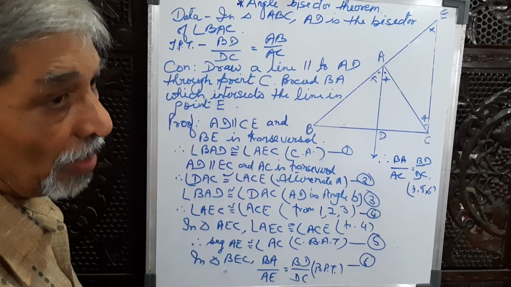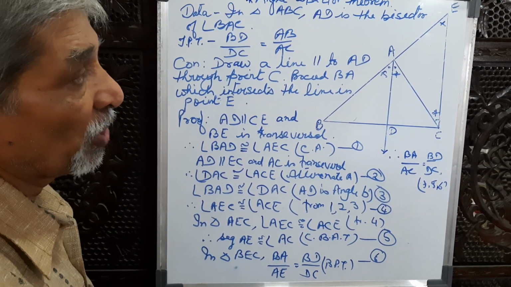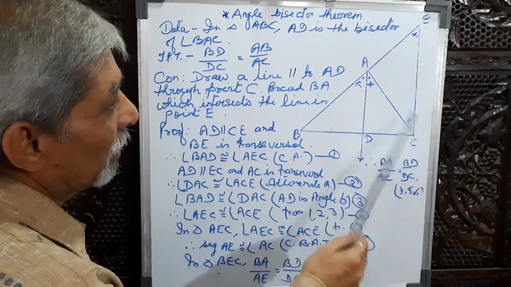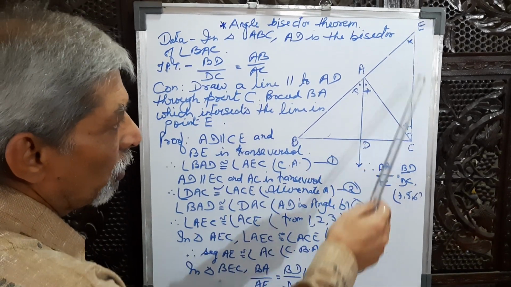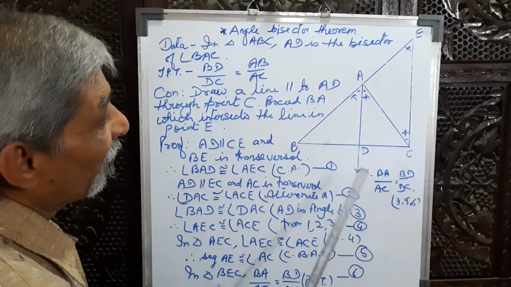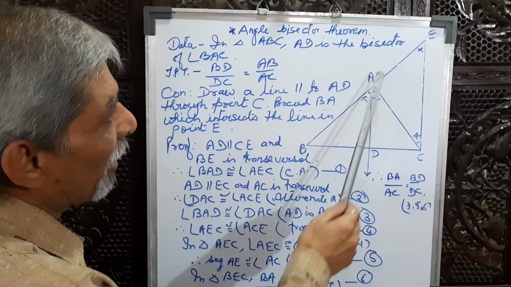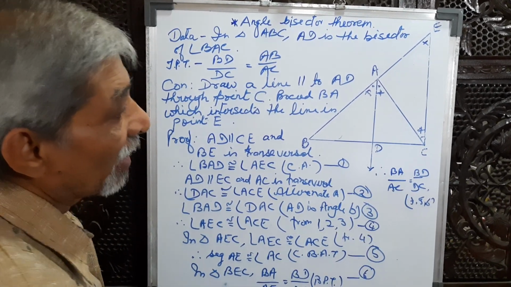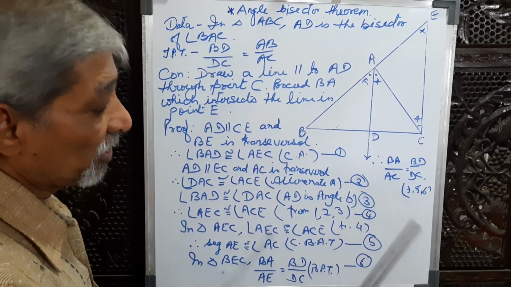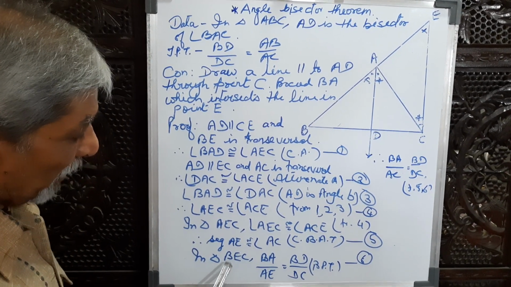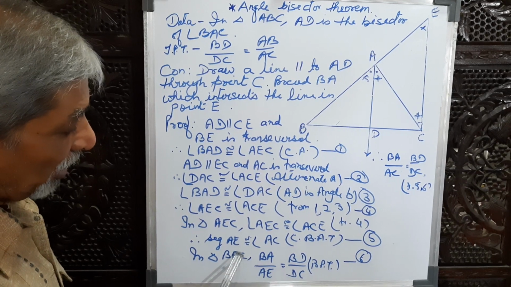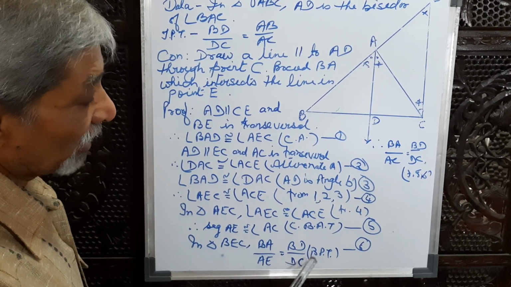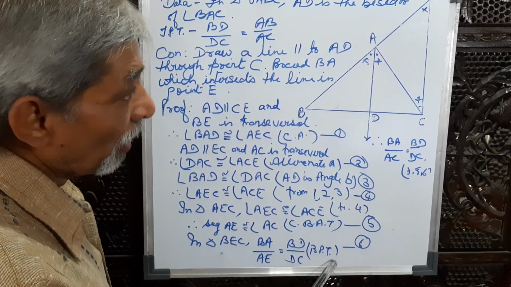This is by the property of the basic proportionality theorem. It is mentioned here. In triangle BEC, BA upon AE is equal to BD upon DC, by the basic proportionality theorem.